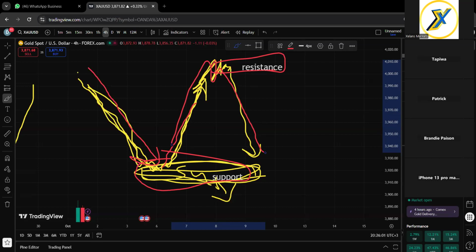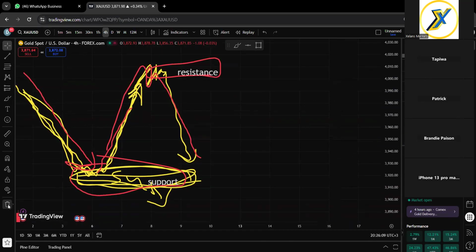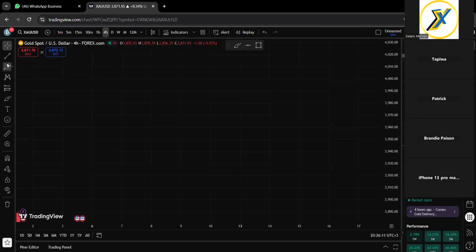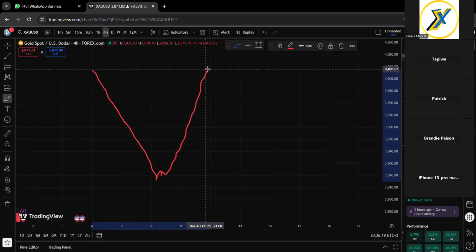Now, I said the support is formed when we get multiple rejections on the downside. Let me repeat again, let me clear everything. If this was a bearish market, if this market was pushing down, then we got rejection here, then the market started to push up.